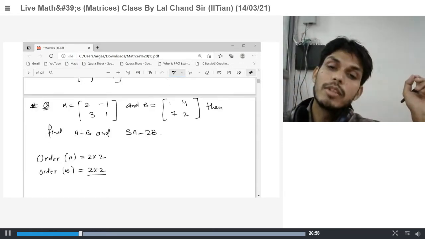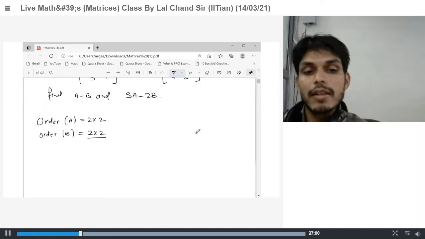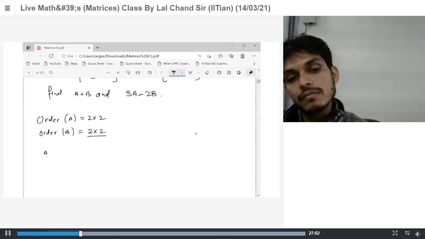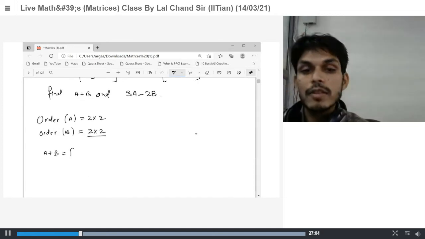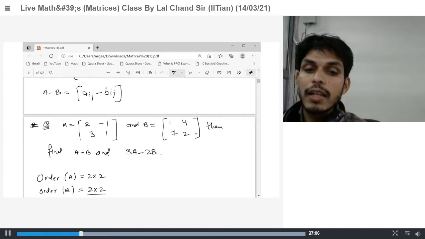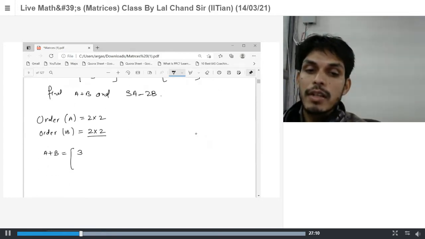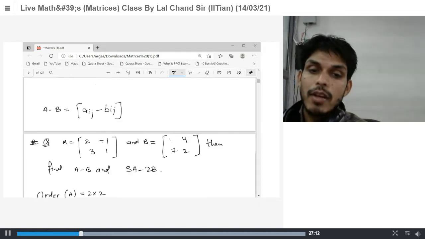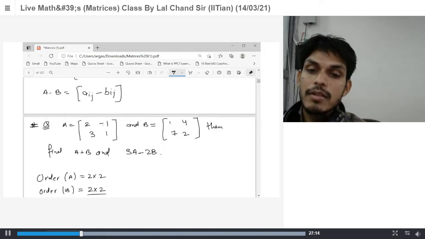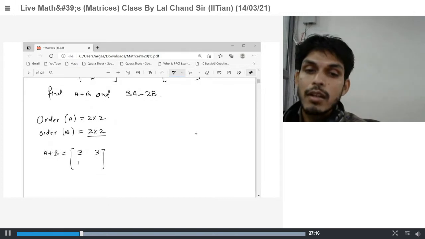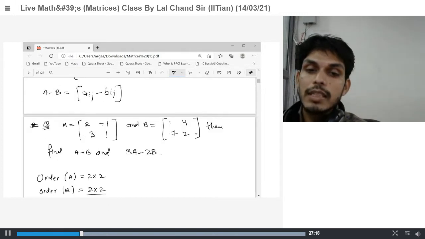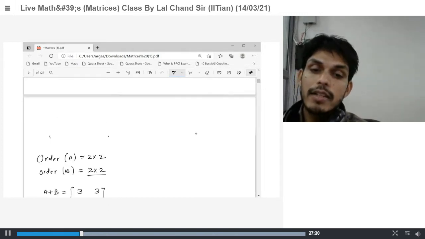So the order of both matrices is the same, so we can define A plus B. Here we have 2 plus 1, that is 3. Minus 1 plus 4, that is also 3. Here I have 3 plus 7, that is 10. 1 plus 2, that is 3.